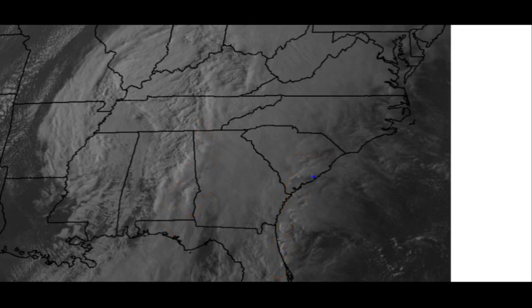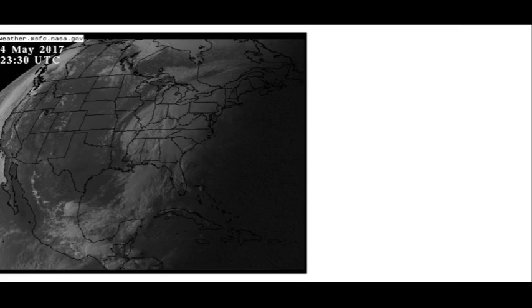So it's pretty obvious that our stronger storms are located in this area. And then in South Carolina itself, the tops are not quite as distinct in that area. So let me zoom in on that real quick.